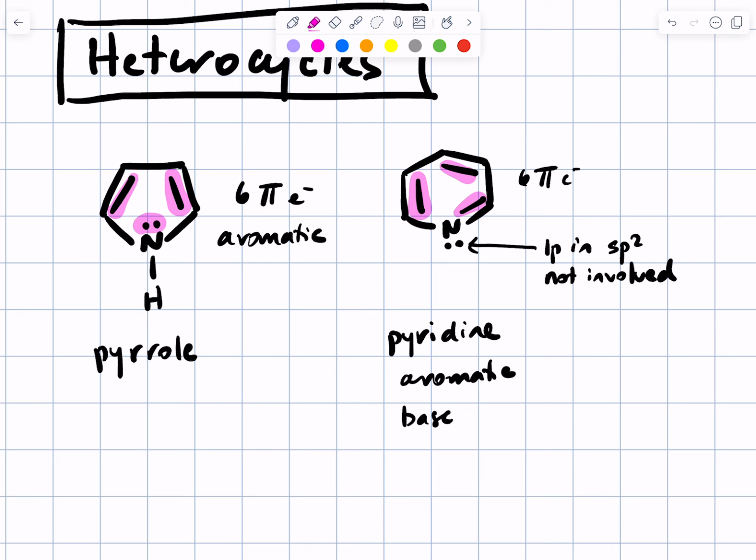And that's good reasoning unless you've got conjugation with adjacent pi bonds, which is stabilizing. It spreads out the lone pair, and that pays for the rest of the atoms not being tetrahedral. Okay, good.